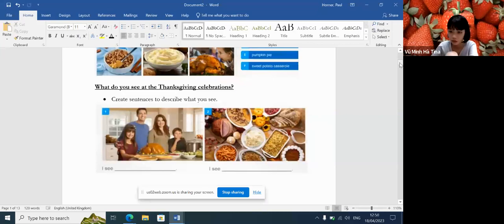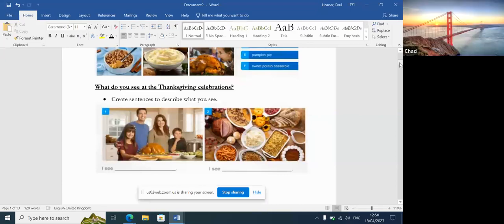Turkey. Yes, but there's a family as well. So create a sentence about the first picture. You said turkey, but what else do you see? So I see.